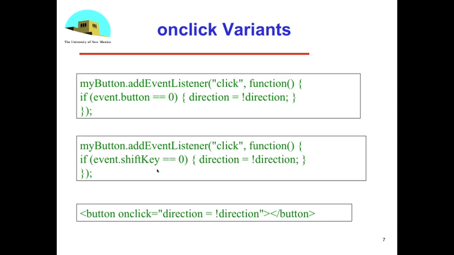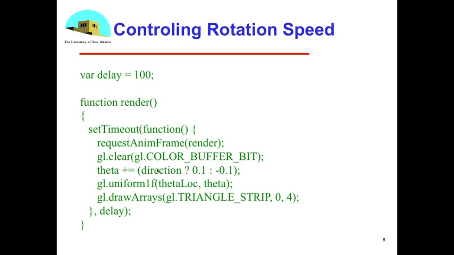Now, let me do a little more with that before I show you an example. So suppose not only do we want to change the direction of rotation, I want to play with the rotation speed. Now, we talked about that a little bit last time, where we talked about the timeout function, where we can put a delay into a program.